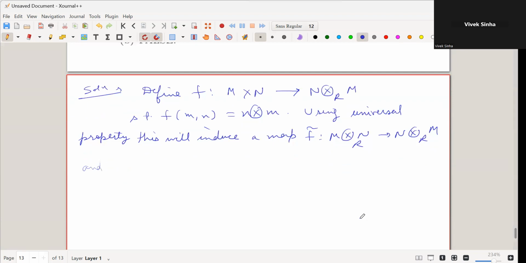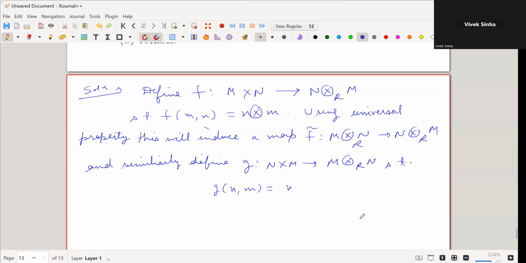Similarly, define g from N cross M to M tensor N, such that g of (n, m) is m tensor n.